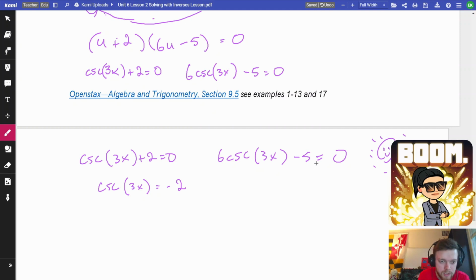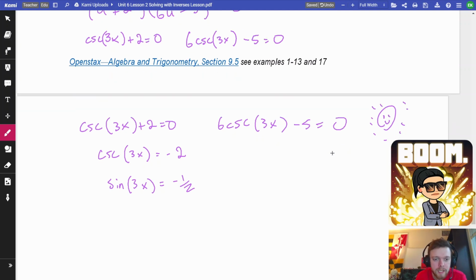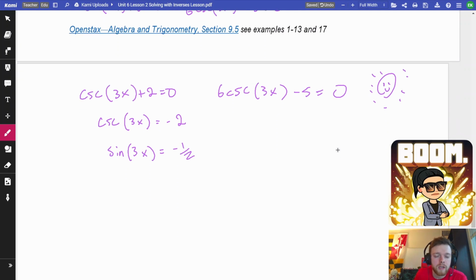But I'd rather just reciprocate and write, since sine and cosecant are reciprocals, sine 3x is equal to -1/2. I think about sine and cosine a little bit better than I think about cosecant. It's just my preference. So when is sine -1/2?